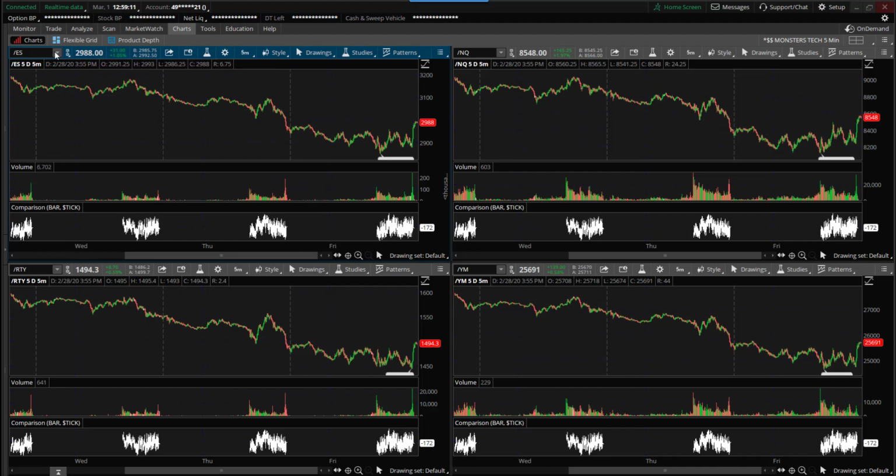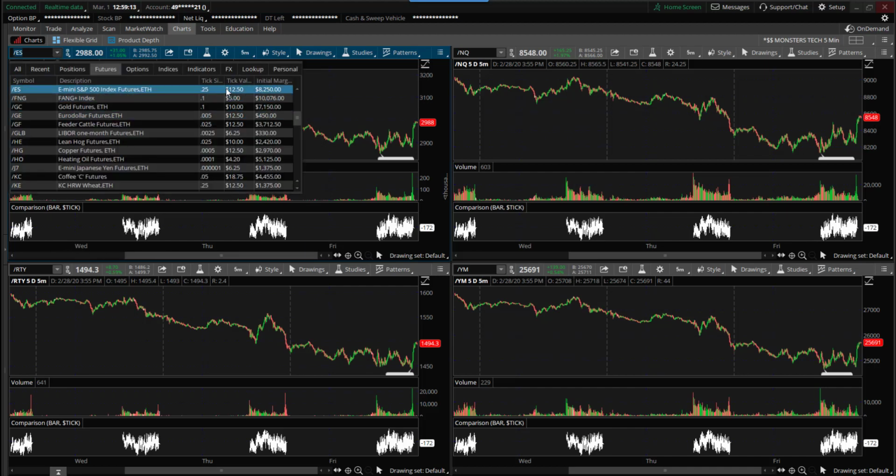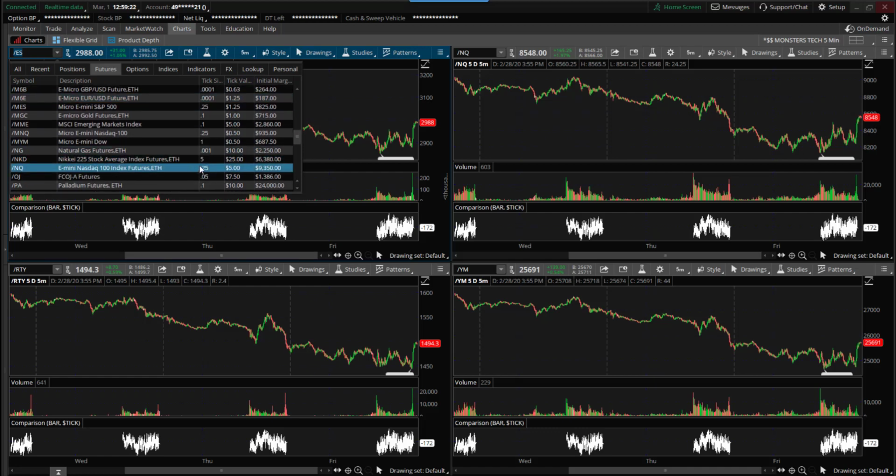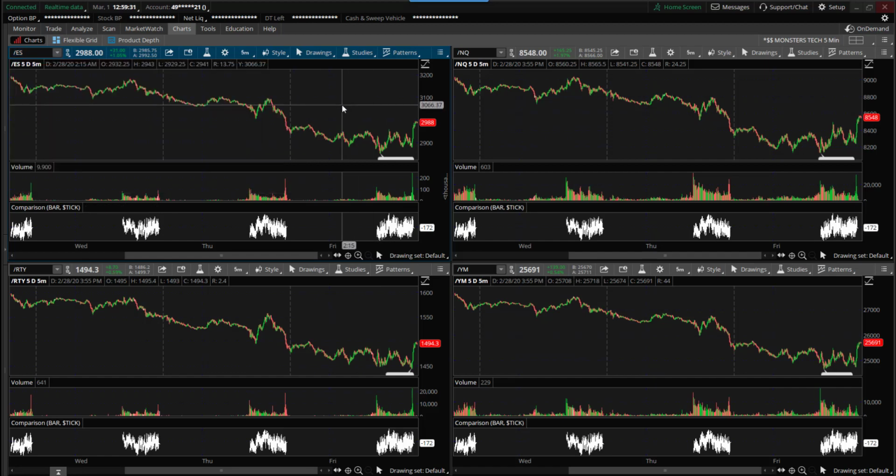Here on Thinkorswim, you could see that the ES, which requires $8,250 of initial margin, and the NASDAQ, which requires $9,000 of margin, they're different numbers. But if we were to go to NinjaTrader or Tradovate, they're going to require $500 to trade the ES or $500 to trade the NASDAQ. It's exactly the same. The Russell, $500, the same thing.